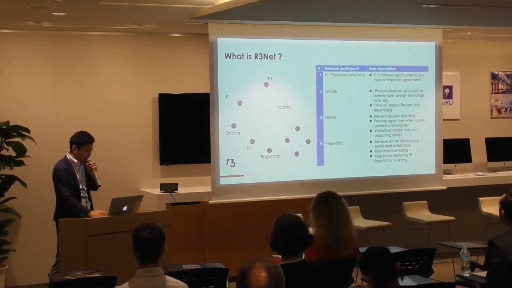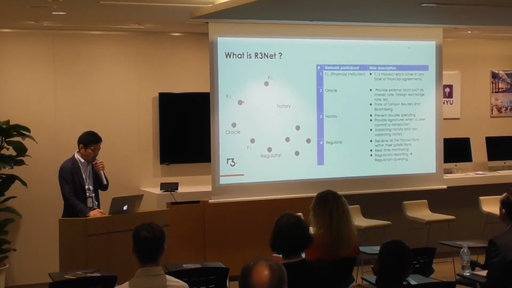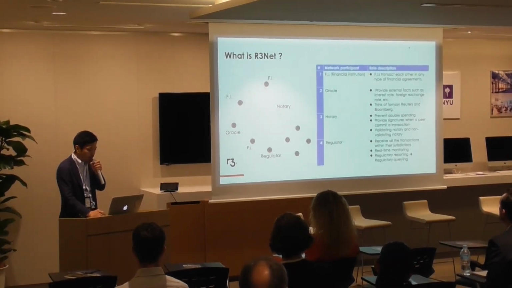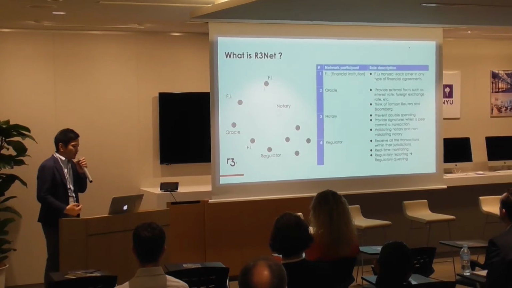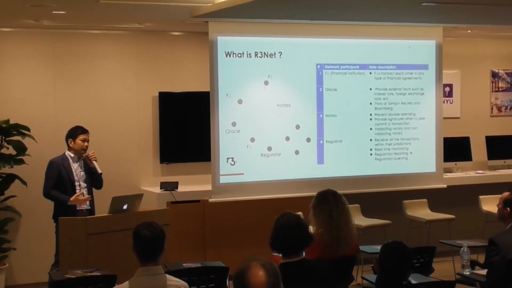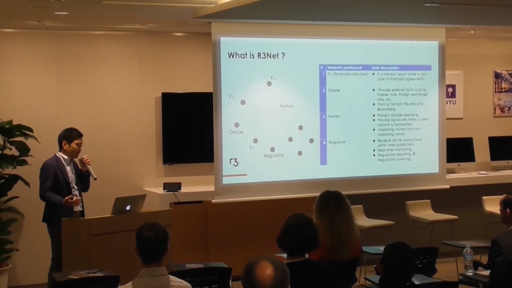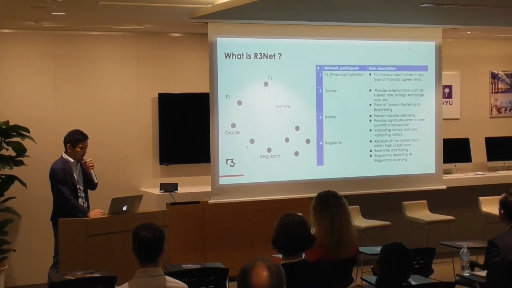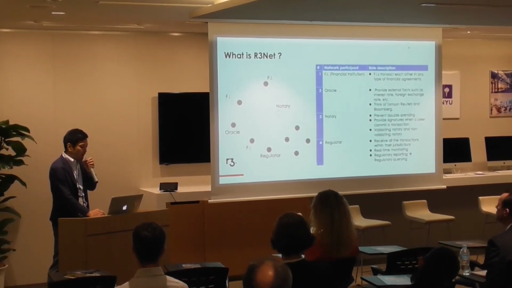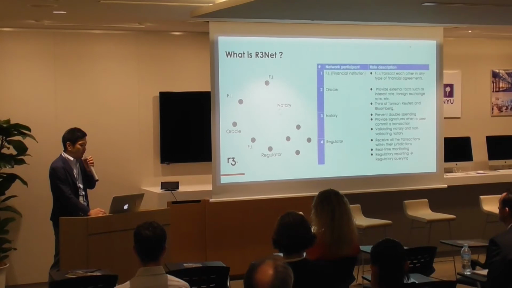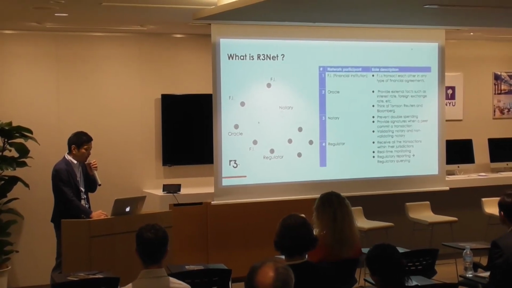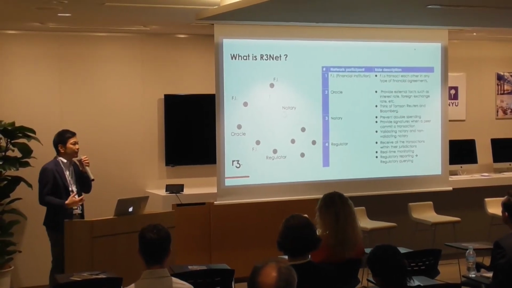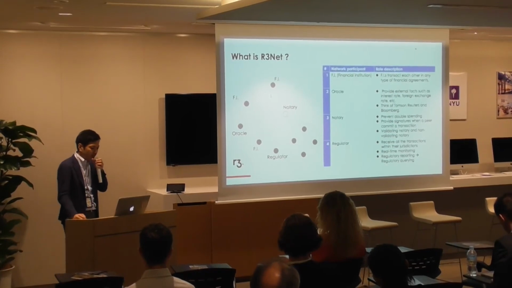So you see on the left side that FI means financial institutions. R3net is a private network for financial institutions and corporates. So within R3net, they can transact directly with each other without any trusted third party.